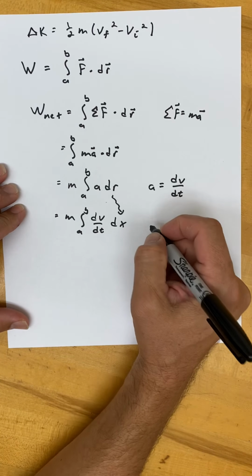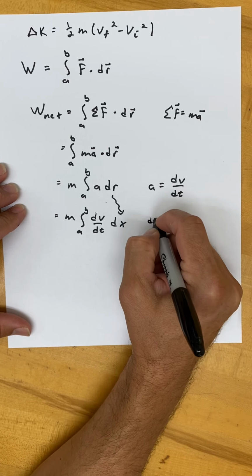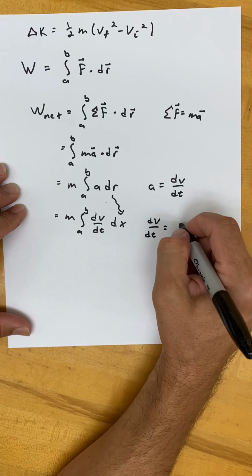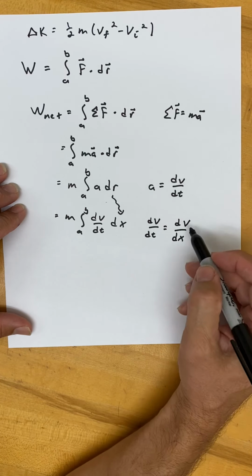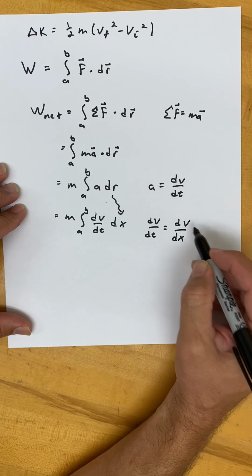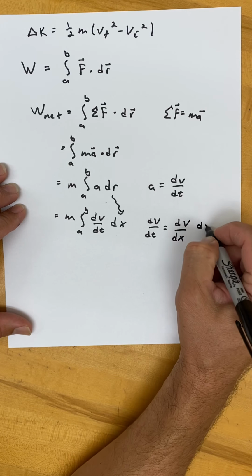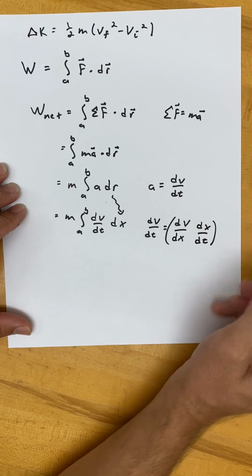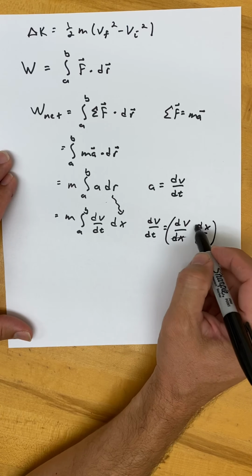Well, let me remind you, or maybe for some of you, show you for the first time, how the chain rule for differentiation can help us out here. dv/dt is actually equal to the position derivative of the velocity. This is the time derivative. How does v depend upon time? How does v depend upon position is this, times the time derivative of position. And with Leibniz's notation here, it certainly invites us to go, oh, okay, well, I can just cancel that, right?